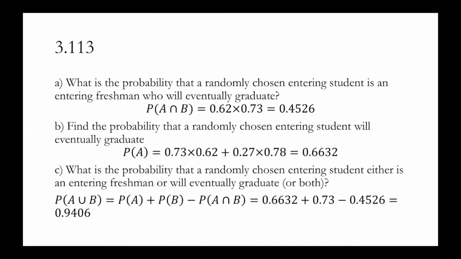And you received this formula in the introduction, that the union is equal to the two separate events plus, minus the intersection, because you don't want to double count the intersection.